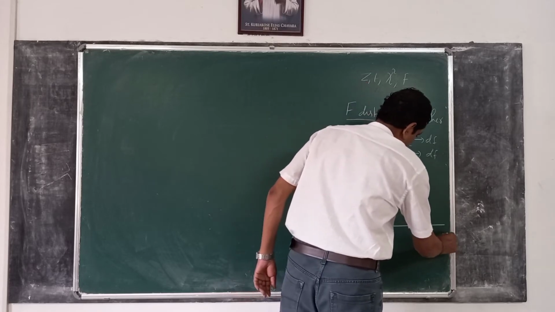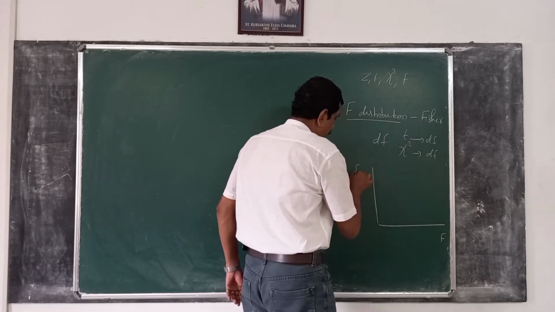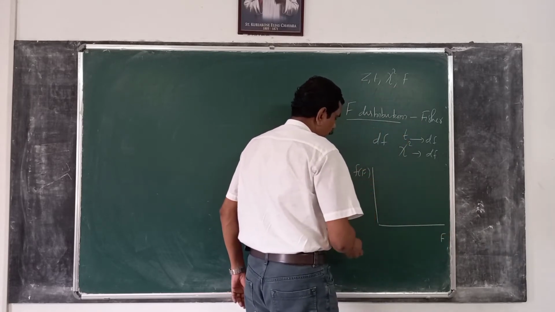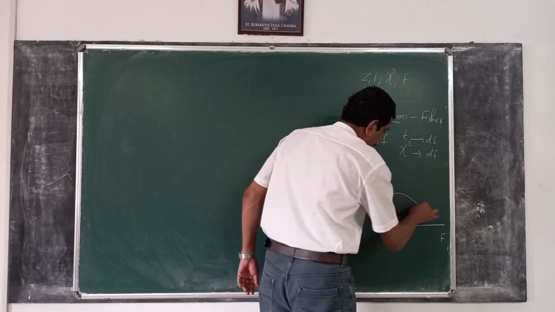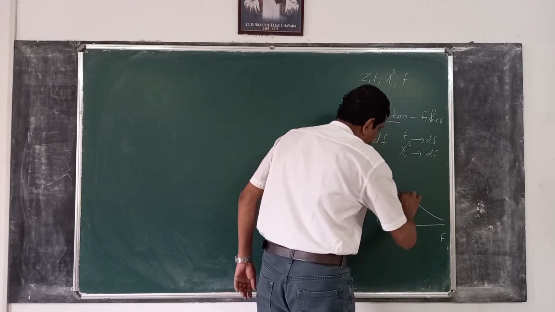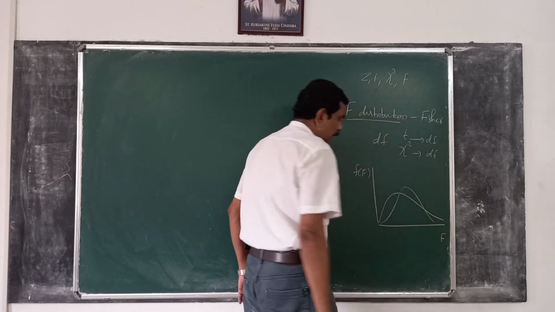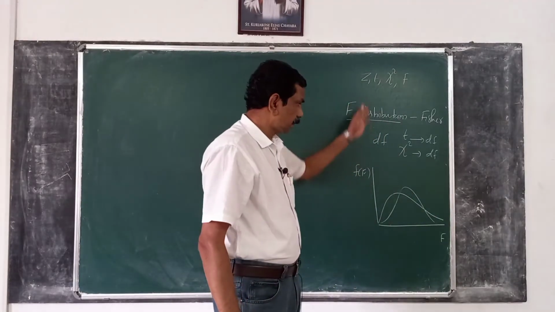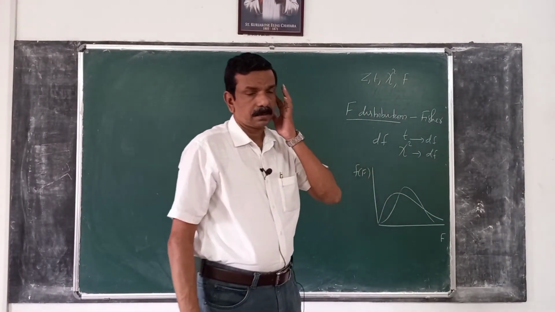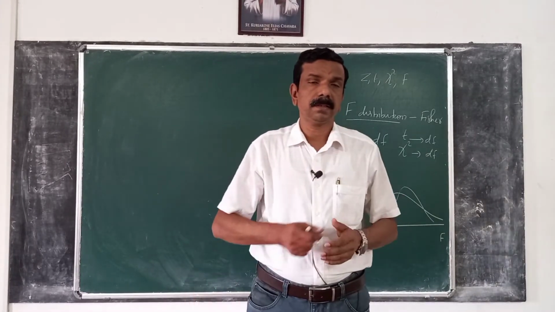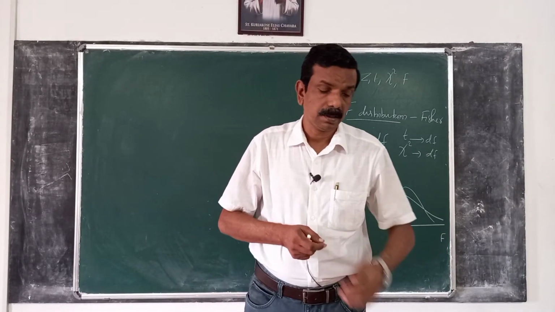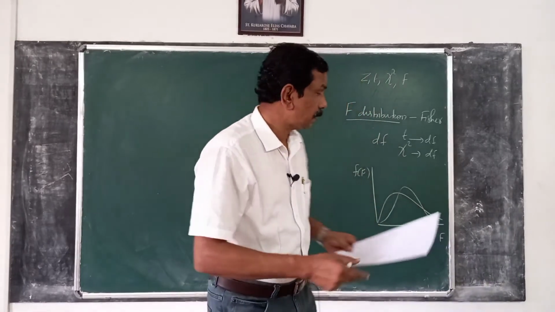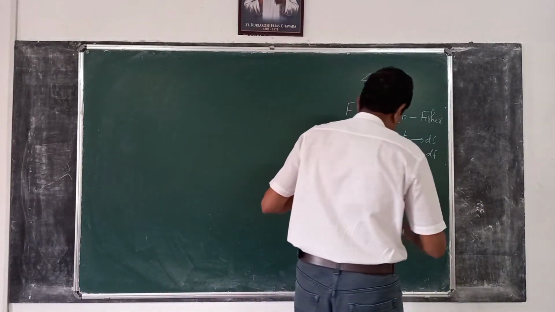This is the F distribution, and it has this shape. As I said earlier, there are infinitely many F distributions depending on numerator and denominator degrees of freedom.